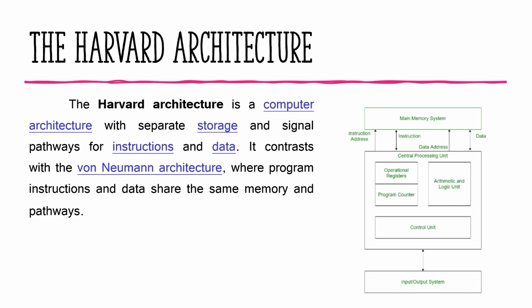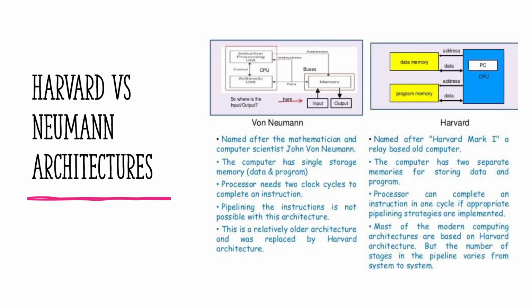So for Harvard architecture, you have different pathways for instructions and data, and these pathways are actually called buses. The communication channels between the processor and the main memory system, for example, are called buses. And there are two kinds of buses, instruction and data buses, used in Harvard architecture.